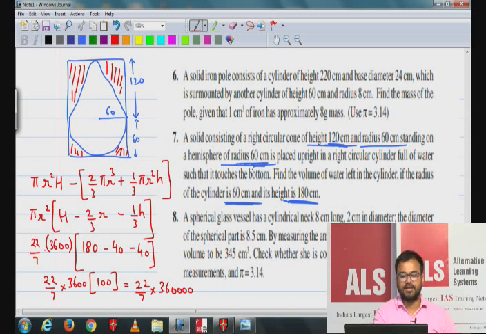The answer is going to be in centimeter cube. Now you can do the multiplication part.